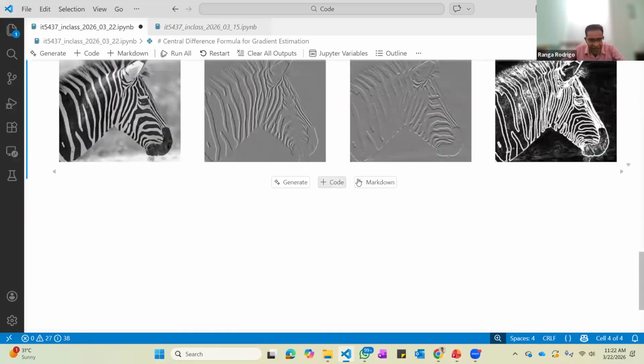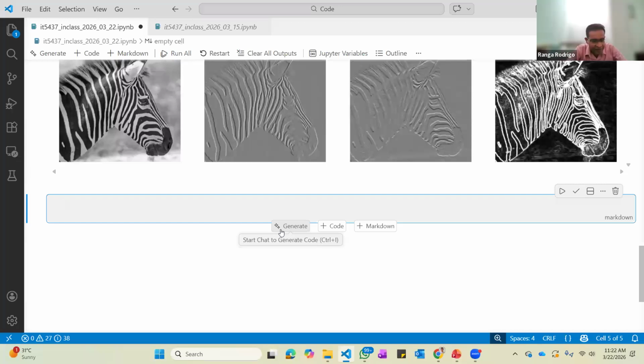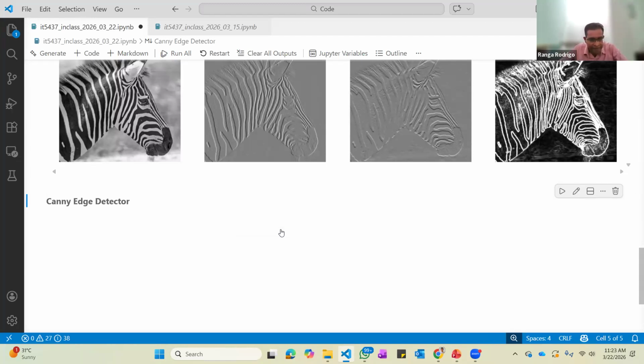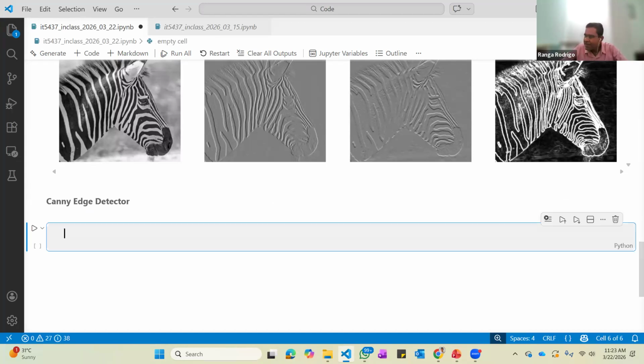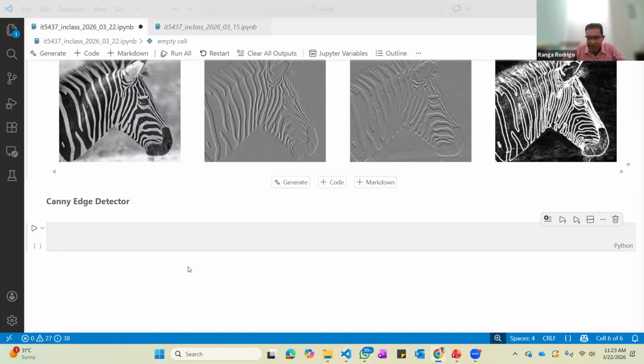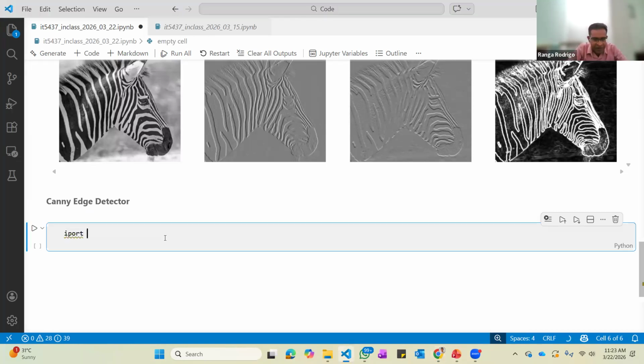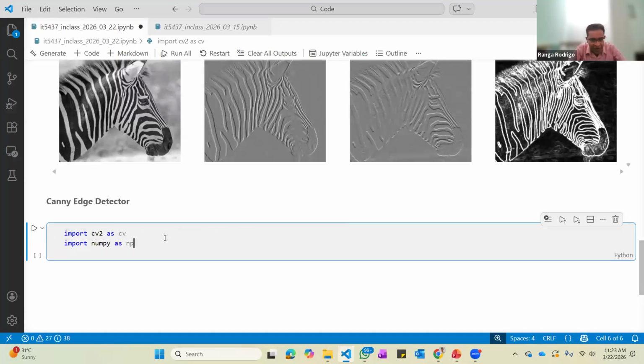First of all, I'll write the Canny edge detector, but I will not code from scratch. I will use the existing function. So import cv2 as cv, import numpy as np.